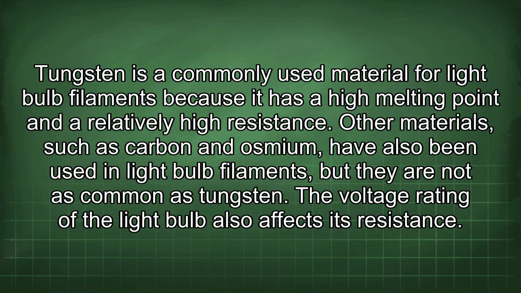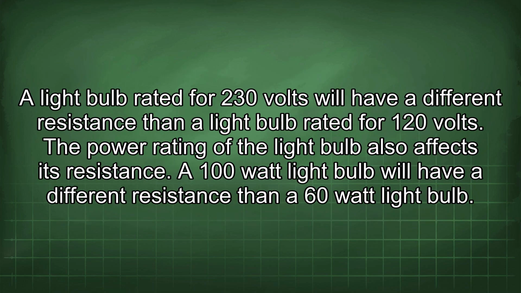The voltage rating of the light bulb also affects its resistance. A light bulb rated for 230 volts will have a different resistance than a light bulb rated for 120 volts. The power rating of the light bulb also affects its resistance. A 100-watt light bulb will have a different resistance than a 60-watt light bulb.